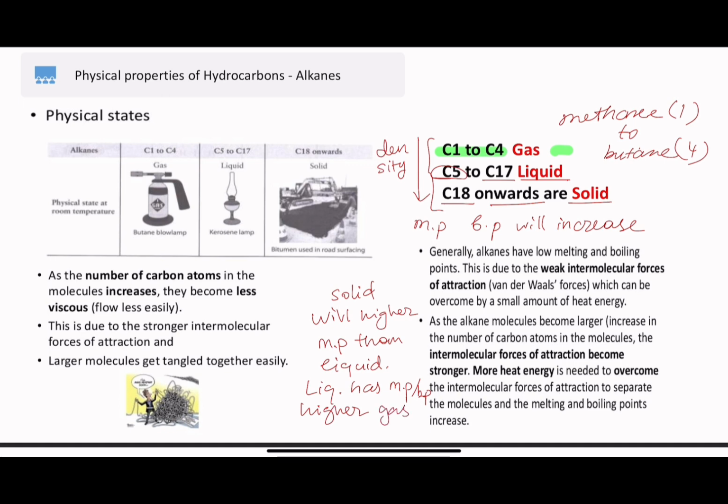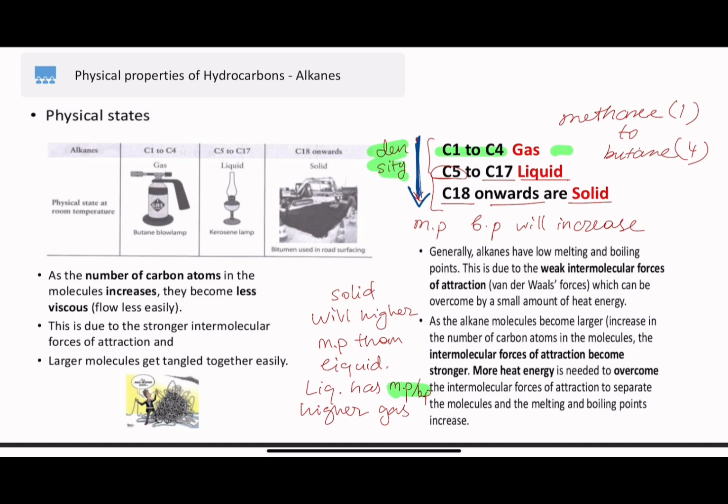So as we increase the number of carbons, we're going to have higher values for melting point and boiling point, and for density too. So density increases as well.